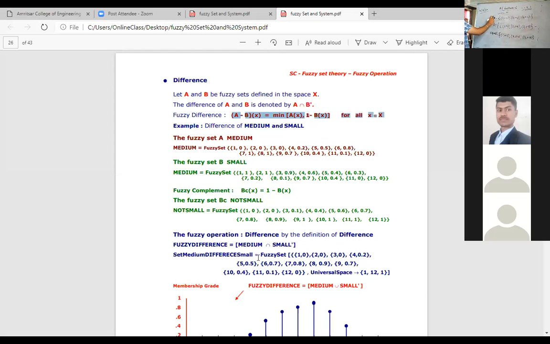Now you have to take into account A and B complement. So what is A minus B of x now? For 1, take the minimum among the degrees of A and B complement. Which is minimum? 0.3. For 2, what is the minimum? Both are the same. You can take anything. Then for 3, it is 0.3 here and 0.8 here, so you have to take 0.3. So this is A minus B of x.